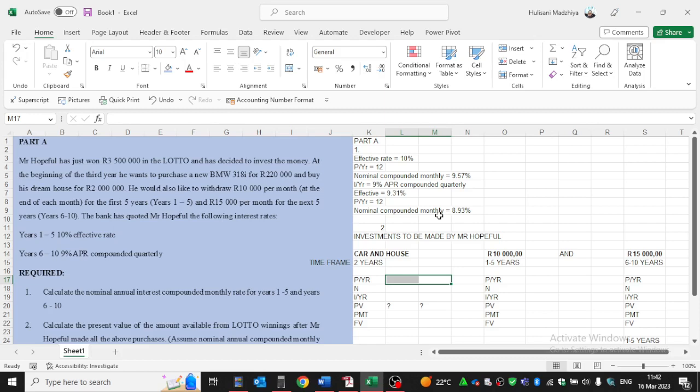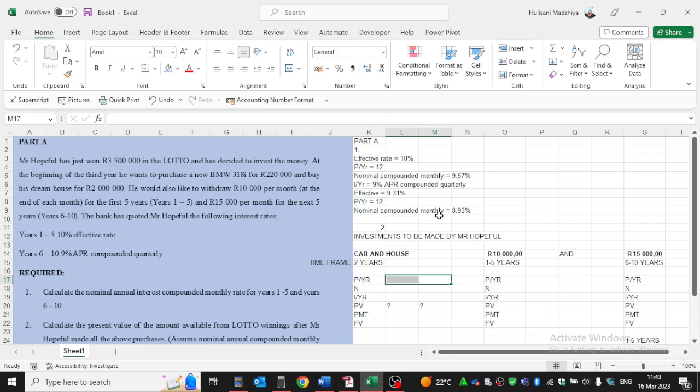And then in years 1 to 5, he wants to withdraw 10,000 per month from his investment. From year 6 to 10, he wants to increase the withdrawal from 10,000 to 15,000. Whatever amount is left is for him to enjoy, even now or at a later stage.